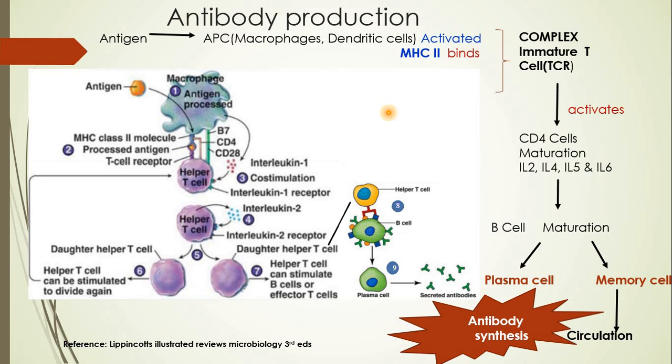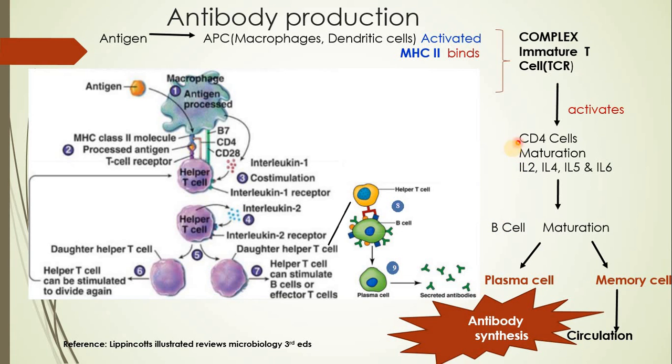So before closing this lecture, let me brief you again on the process of antibody synthesis. Here what you need to understand is there is presence of antigen which is stimulating the lymphocyte, that is T lymphocyte, and this T lymphocyte will trigger a response to B lymphocyte.